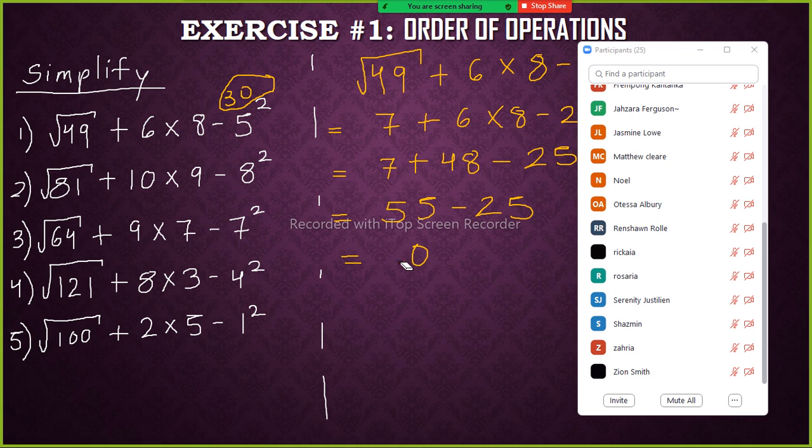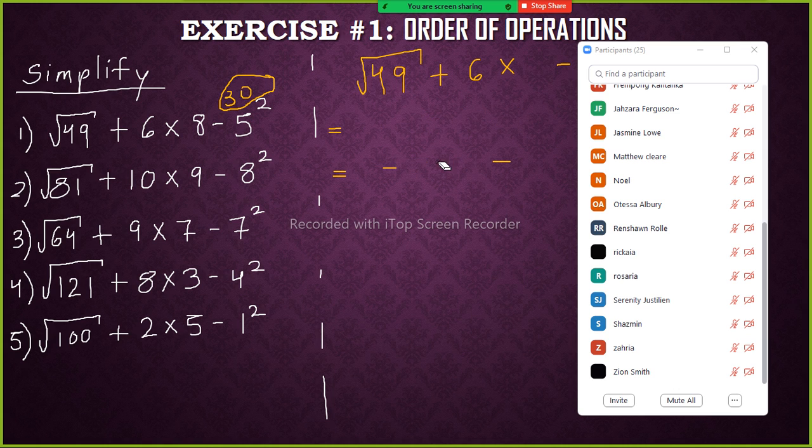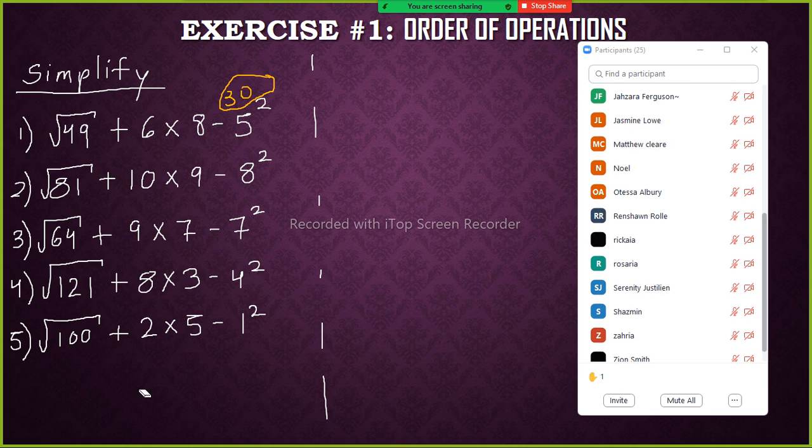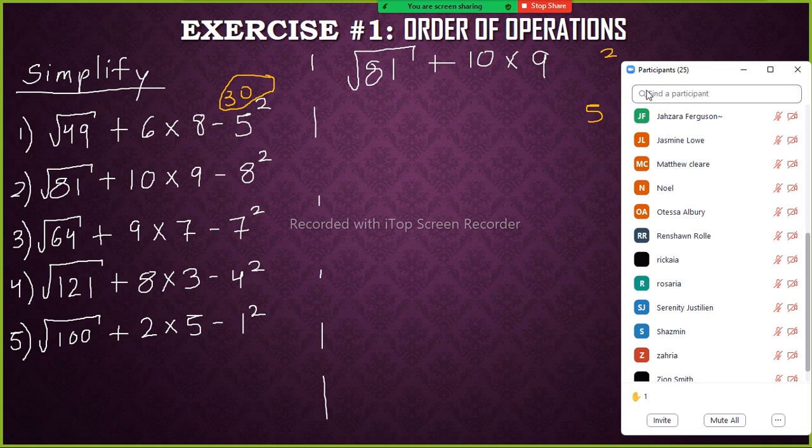Okay, so that was the first one. Then we have the second one, which is the square root of 81 plus 10 times 9 minus 8 squared.